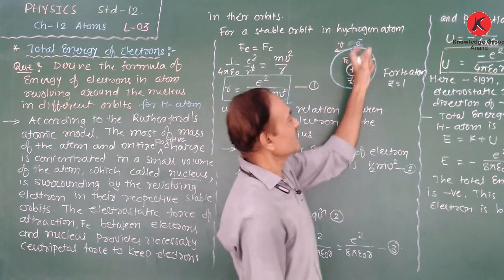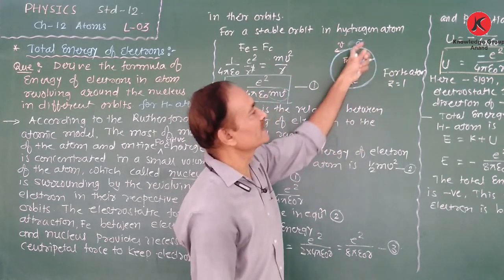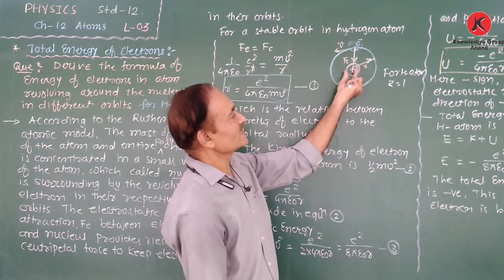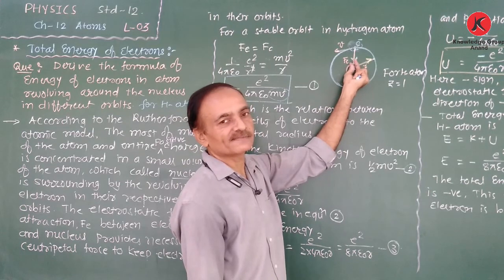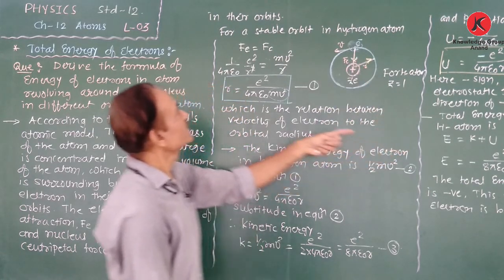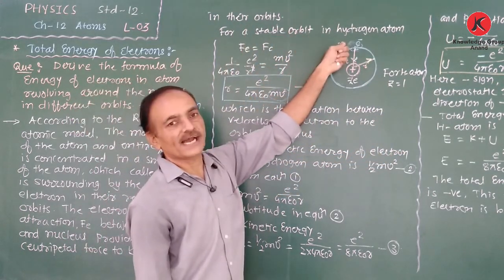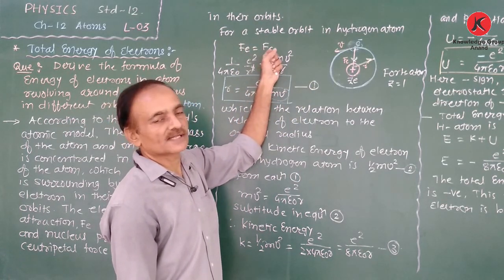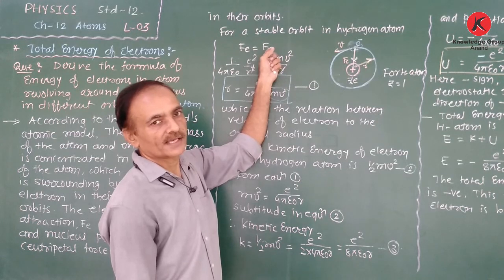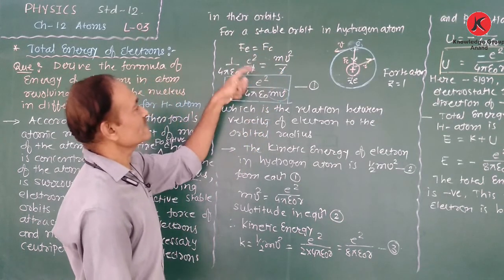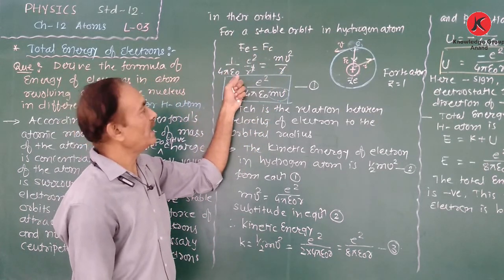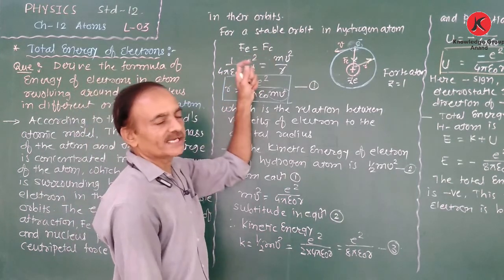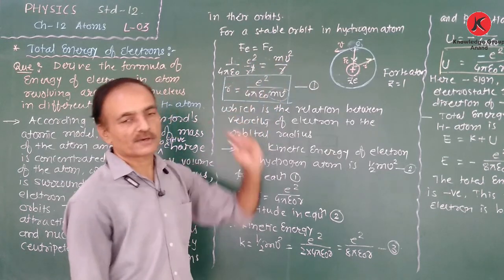Therefore, the electrostatic force exerted by the nucleus on the revolving electron provides the necessary centripetal force. And due to that reason, for a stable orbit in hydrogen atom, the electrostatic force Fe is equal to the centripetal force. According to Coulomb's law, the electrostatic force 1 upon 4 pi epsilon 0 e square upon r square is equal to the centripetal force mv square upon r.